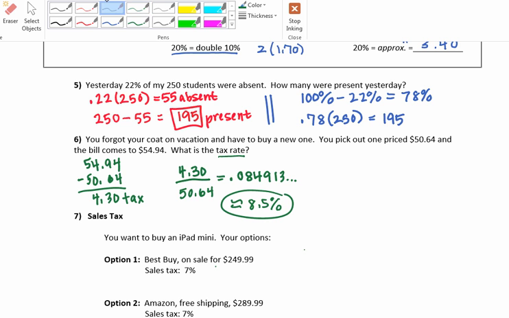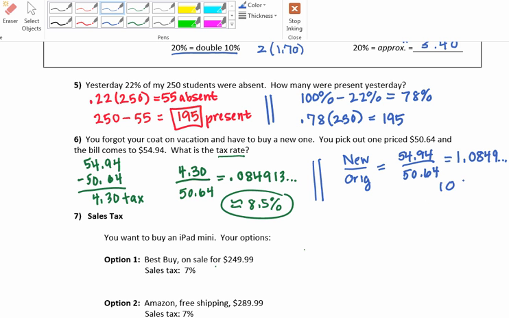There's another way you could do this same problem, another way to think about it. You could take your new price divided by your original price, and that would tell you that your new price is what percentage of your old price. So I could take my $54.94 and I could divide by 50.64. When I do this, I end up with 1.0849, etc. Or in other words, I ended up with 108.5%.